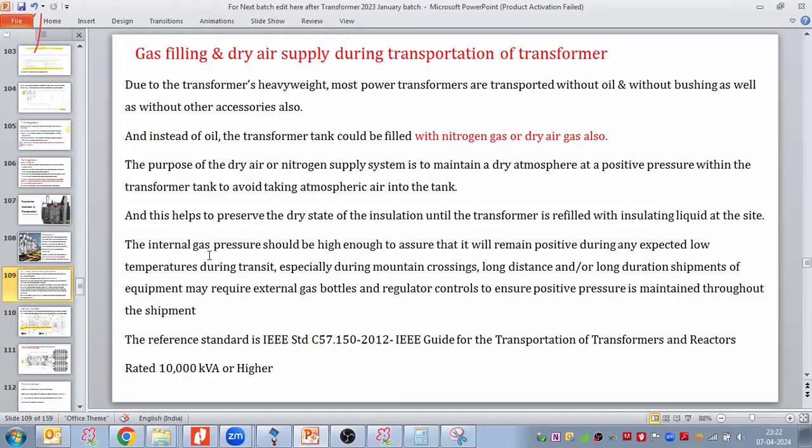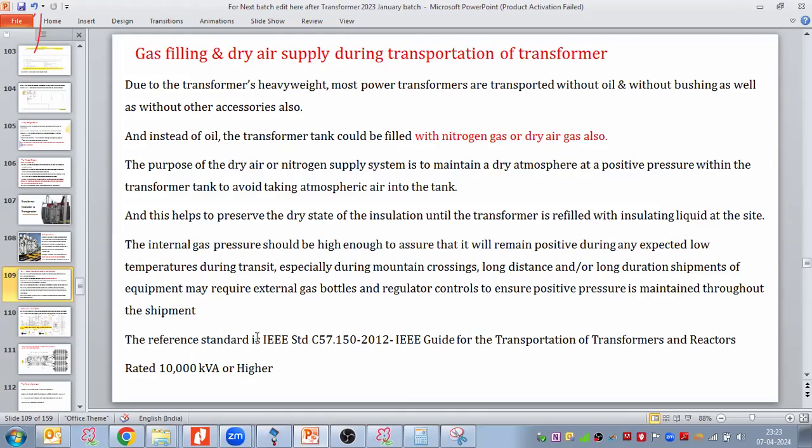The internal gas pressure should be high enough to assure that it will remain positive during any expected low temperature during transit, especially during mountain crossings. Long distance or long duration shipment of the equipment may require external gas bottles and regulator control to ensure positive pressure is maintained throughout the shipment of the transformer.